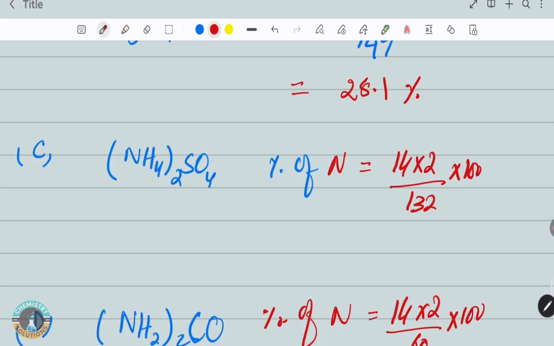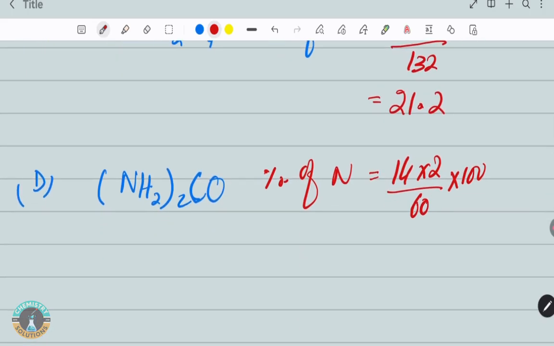For ammonium sulfate, 14 multiplied by 2, 28 divided by 132. The answer is 21.2, and for 14 times 2 divided by 60 into 100.